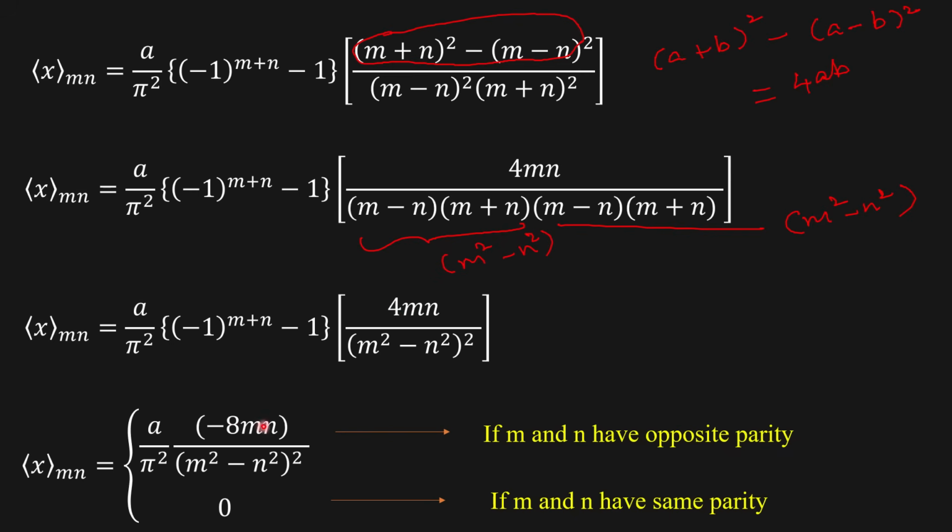So minus 8mn, and we are taking a over pi squared as it is, and here (m squared minus n squared) whole squared. If both have the same parity, that is, m and n are both odd or both even, then the sum will always be even. So then it will become plus 1 minus 1, which is equal to 0. So we got this interaction term: if m and n have opposite parity, we got this; if it is the same parity, we get 0. With this, we will continue further.